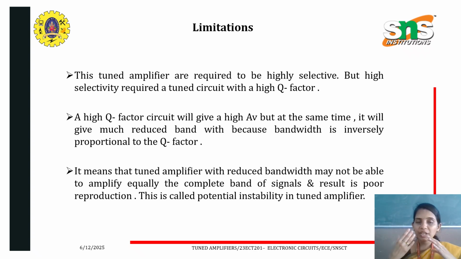A tuned amplifier with low bandwidth will not be able to amplify the complete band of the signal, so the result will be poor reproduction. We call this phenomenon potential instability of the tuned amplifier. So one major disadvantage of the tuned amplifier is potential instability due to the high quality factor, which is inversely proportional to the bandwidth.